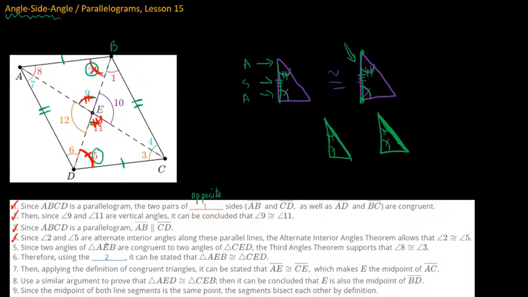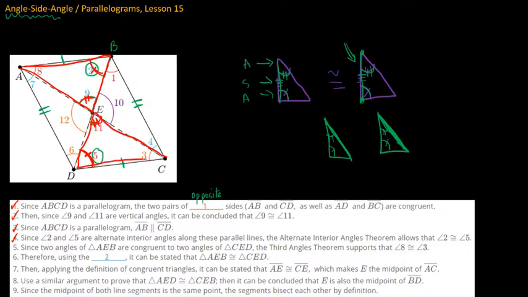Next we say since two angles of triangle AEB are congruent to two angles of triangle CED, the third angle theorem supports that angle 8 and angle 3 are congruent. So let's look at those two triangles. That was triangle AEB, this triangle, and triangle CED.